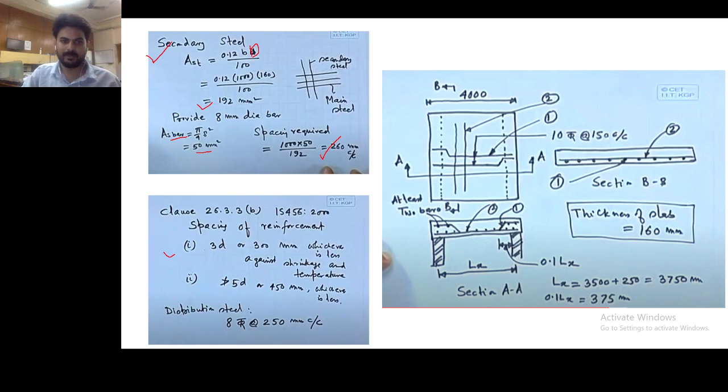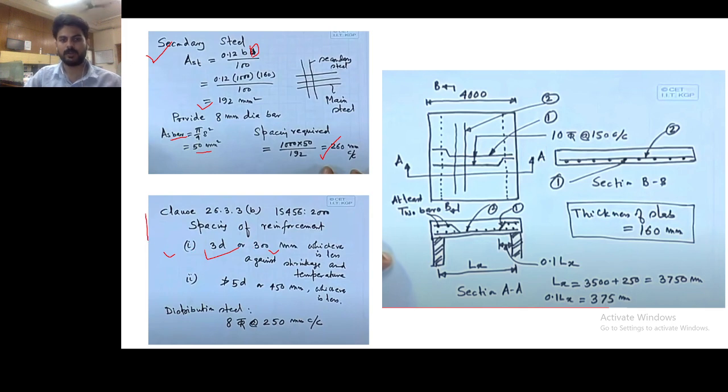The options will be like this: 3D or 300 mm, 3D or 450 mm, or not greater than 5D or 450 mm. This type of permutation combination option will come, and you have to choose the one answer. So remembering this will help.